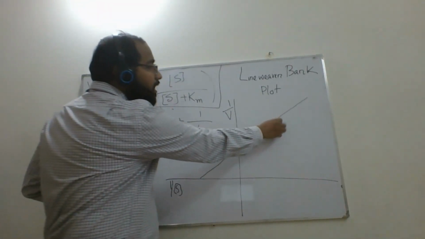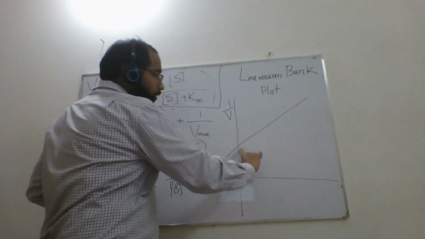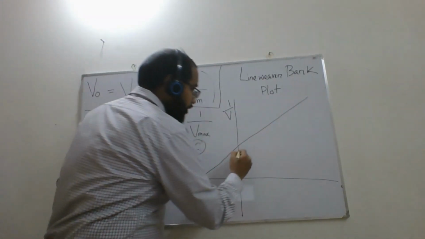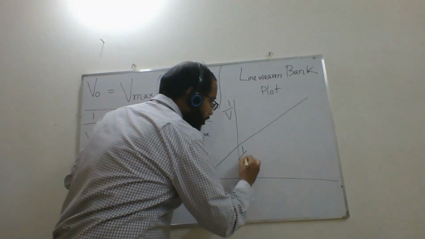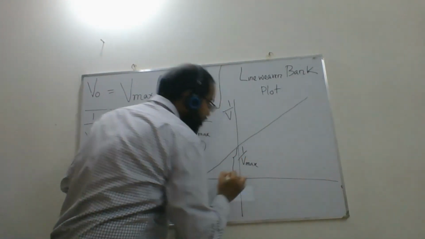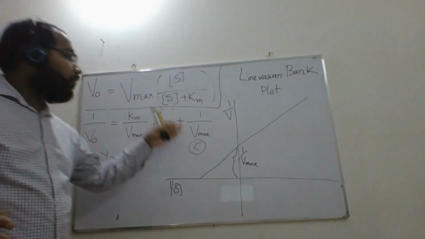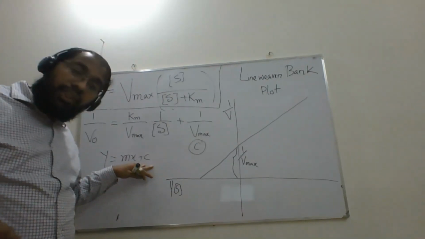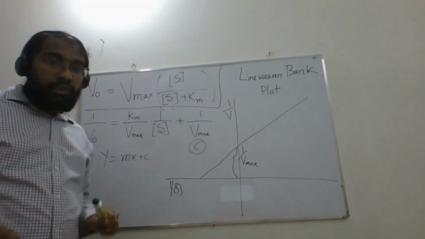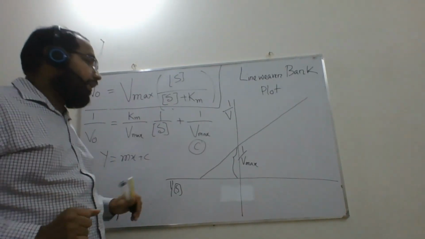That means the size of the cut will be 1 by vmax, this part, and we all know from the equation of a straight line that this is 1 by vmax. That means from this one we can get 1 by vmax.